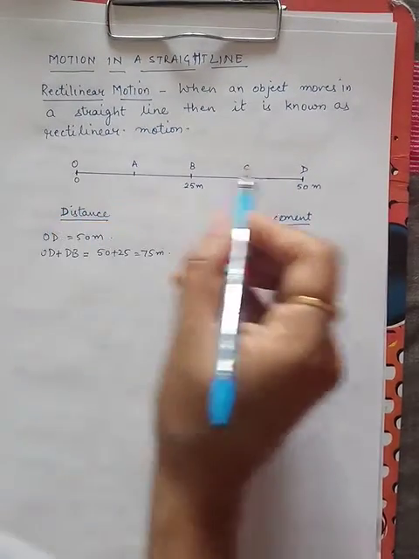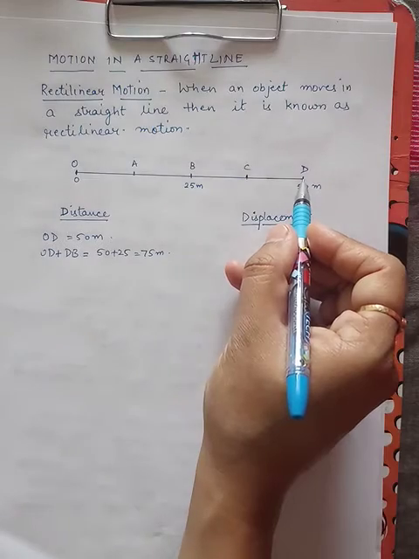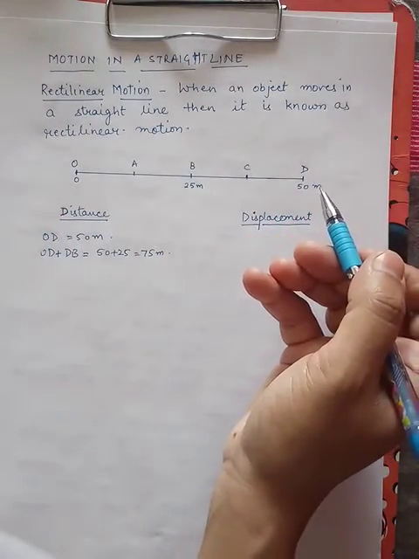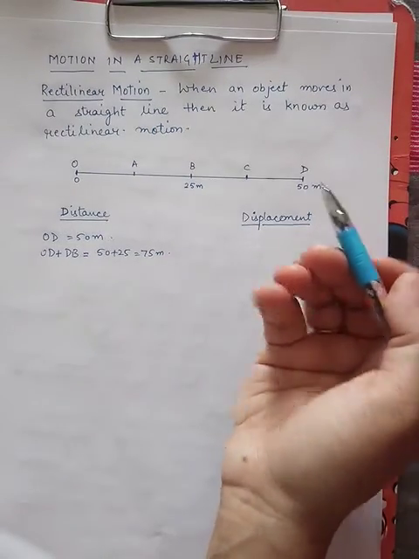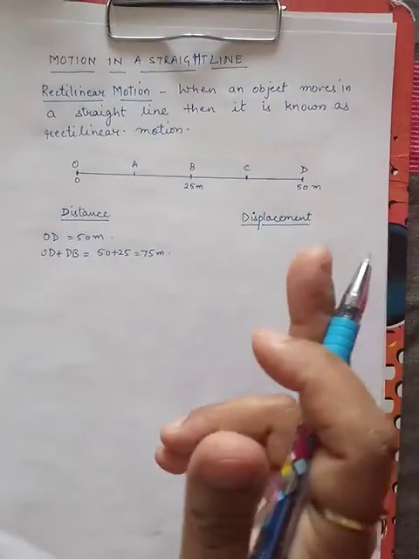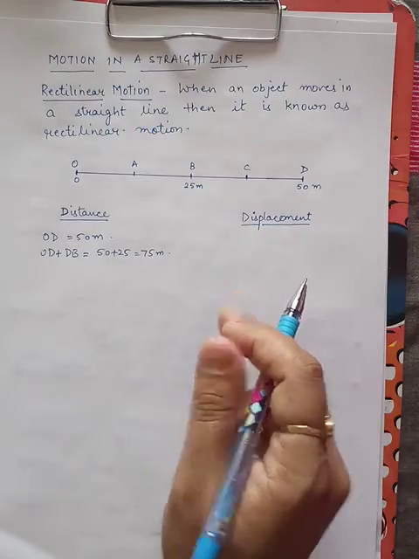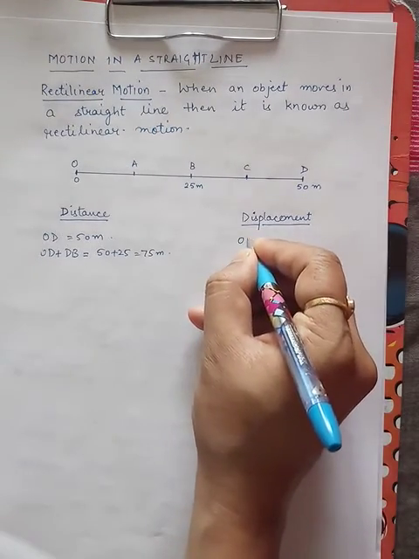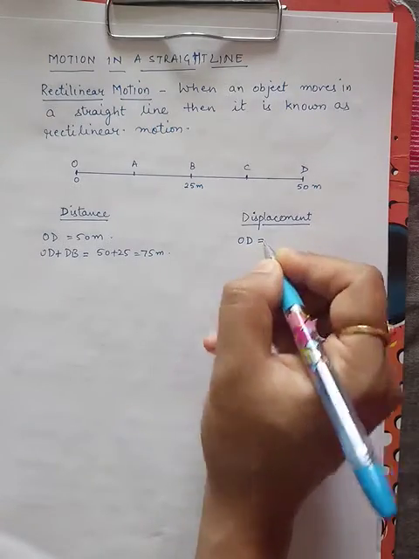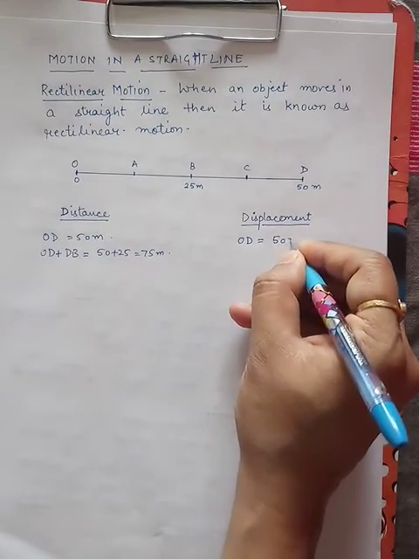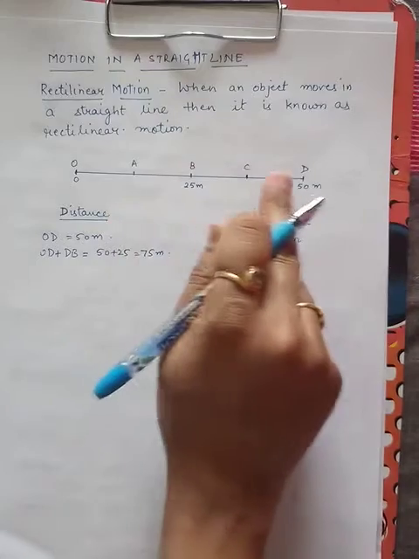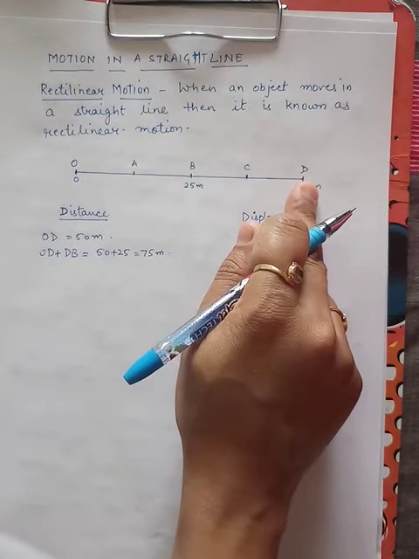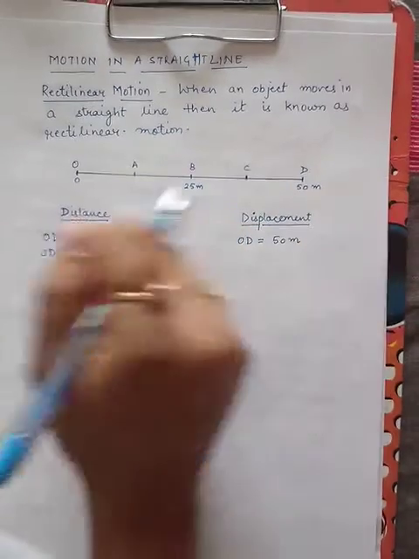Shortest distance is always, mind you, a straight line distance. So in the case of displacement, we will write here displacement is also 50 meter. Shortest distance is always straight line distance.